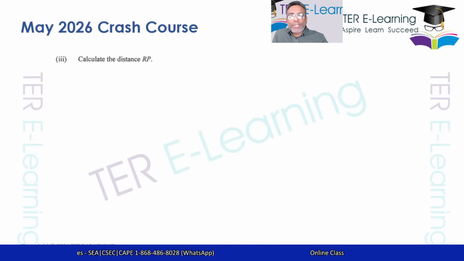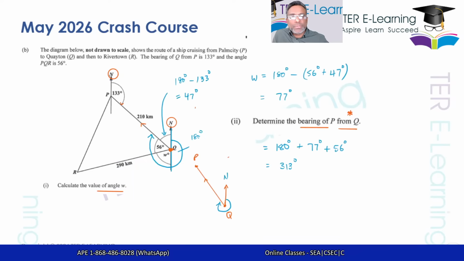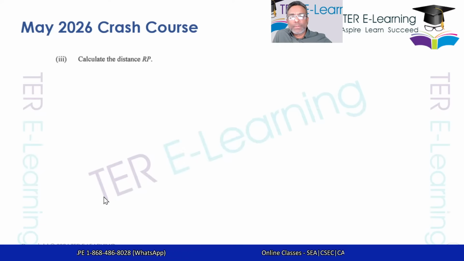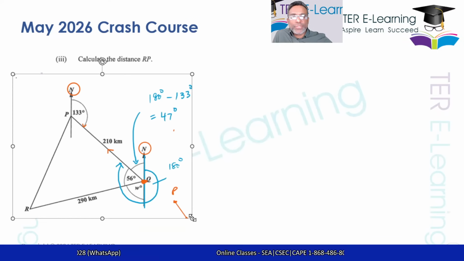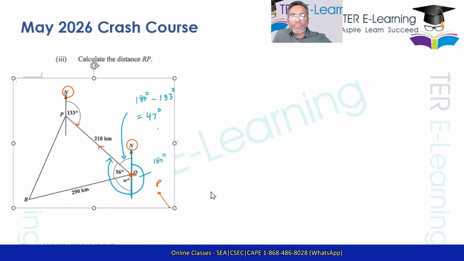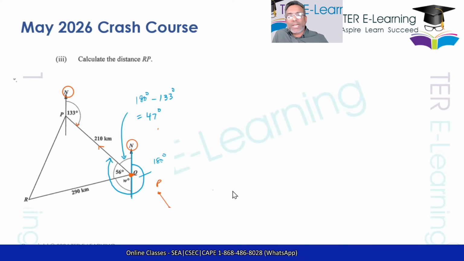All right, we want to calculate the distance RP. So where's RP now? I'm just going to take a little copy of this here. Okay, so this here is our diagram, and we want to calculate the distance RP.